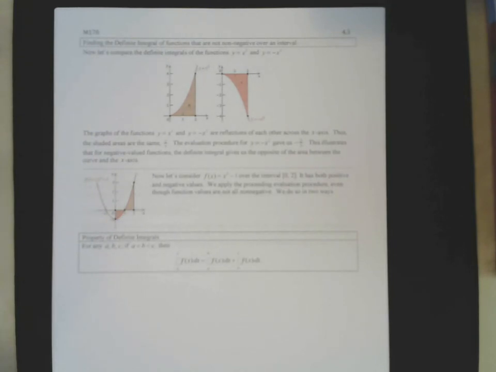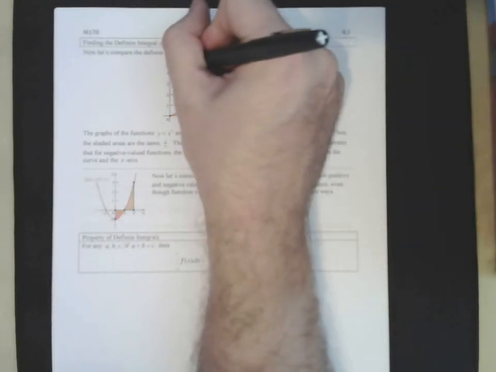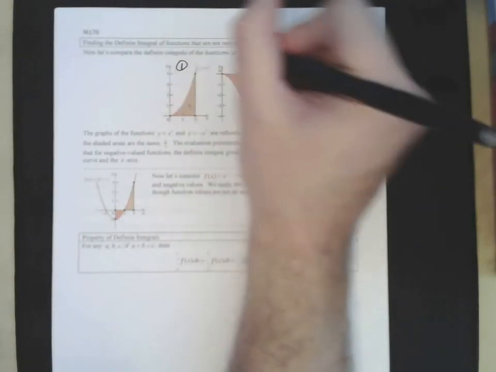So let's talk about finding the definite integral of functions that are non-negative over any given interval. So we can compare these two functions, y equals x squared and y equals negative x squared, from 0 to 2. So we're going to consider 1 and 2 here.